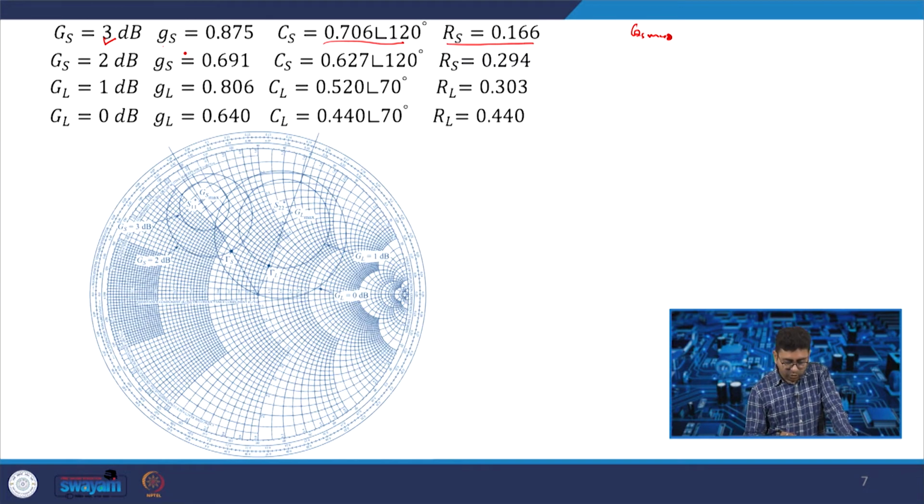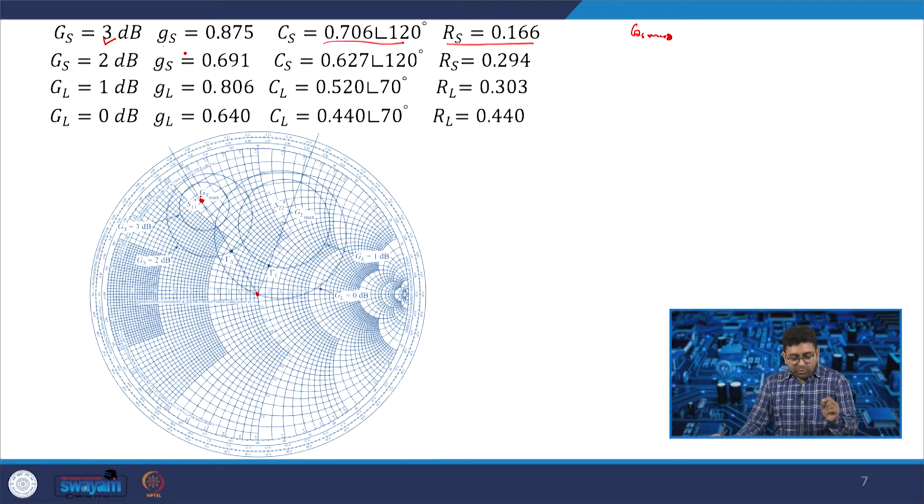So, when you try to draw on the Smith chart, this is the center and then you have a CS. You need to make one line at an angle of 120, and your CS is 0.706. So, that will come somewhere around this point.